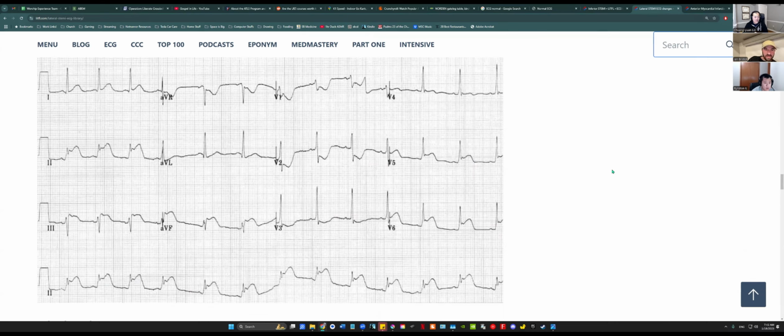Is this inferior lateral? Wait, hold on. I'd agree on inferior lateral. If you look at V5 and V6, they're slightly elevated too, with reciprocal changes in anterior.